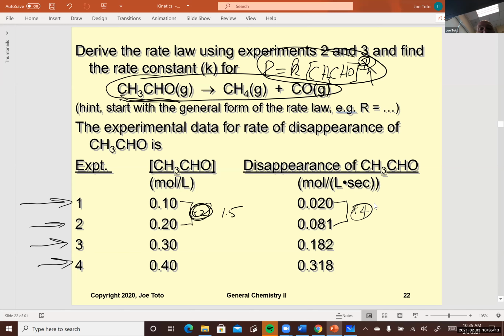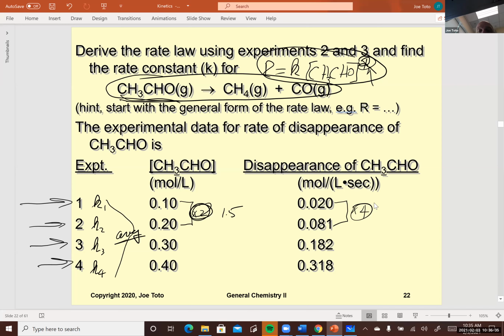Then I can use any one of these experiments to calculate K. And oftentimes they use each one. So you would get a K for experiment 1, 2, 3, and 4, and then take the average. And they all come out pretty close.